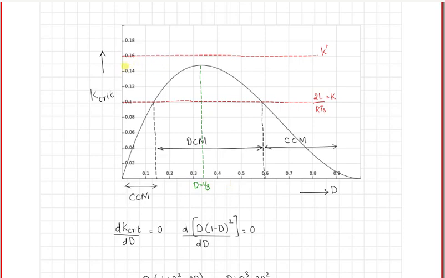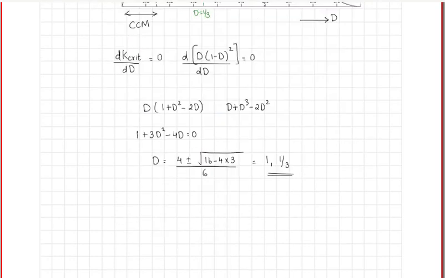And what is this critical value of k at that point? That also we can calculate. So k critical at maximum value at d equal to 1 by 3, this can be equal to 1 by 3 into 2 by 3 the whole square, right?